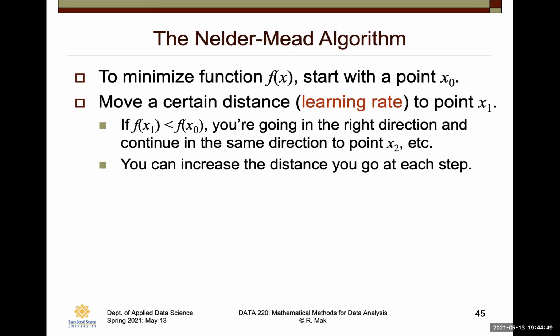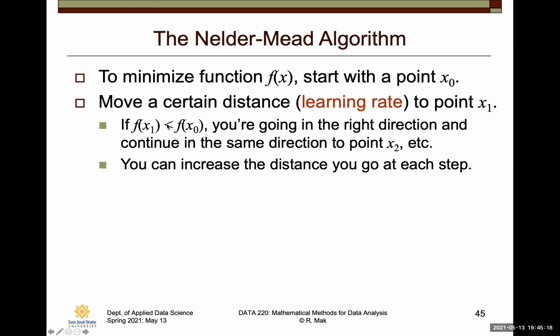Basically it says that if we have a function that we're trying to find the minimum of, we just start out with some point x sub 0 and calculate the value of the function at that point. Then we move a certain distance to a second point x sub 1, and then calculate the value of the function.